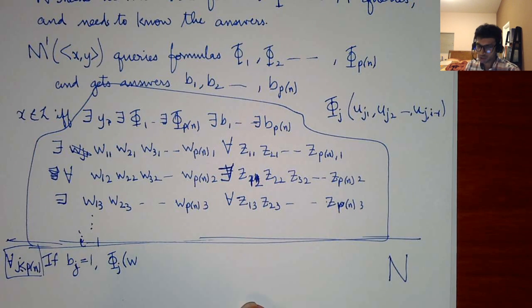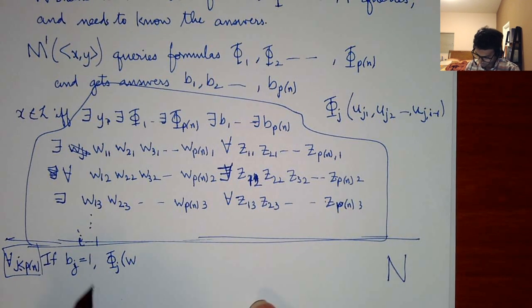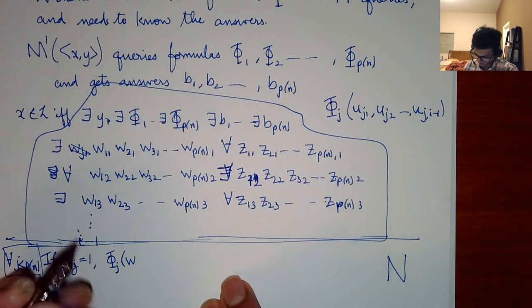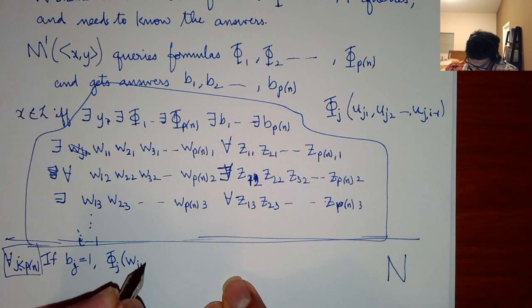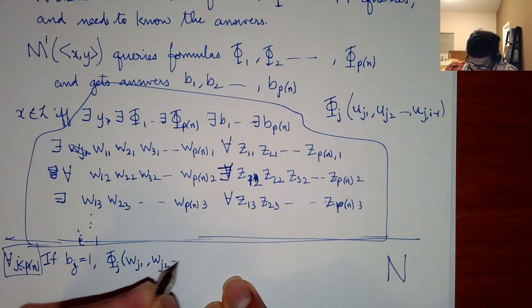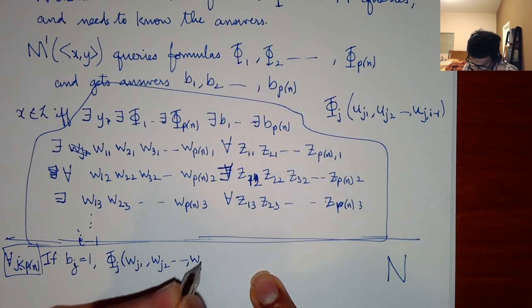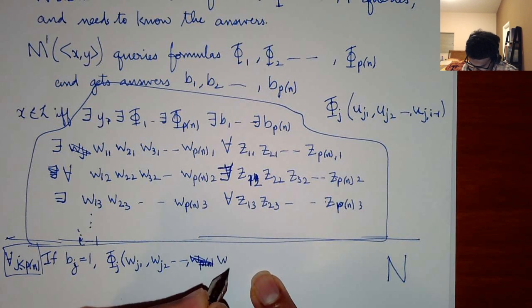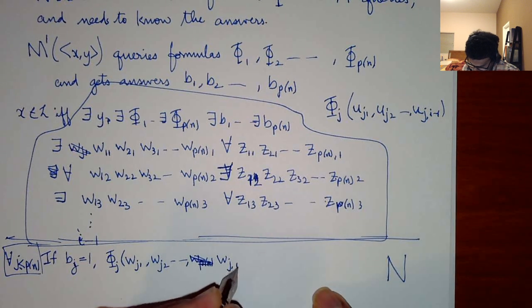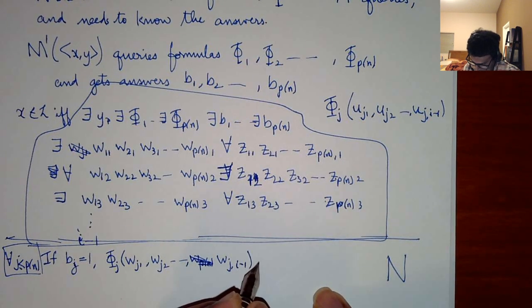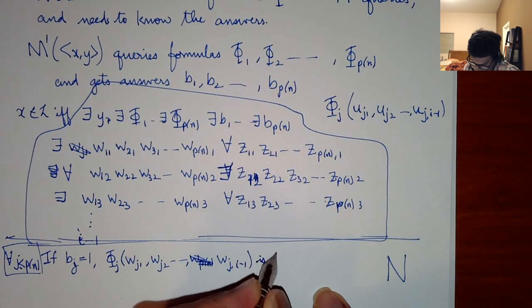I'm going to say for all j, if bj is equal to 1, then phi j, I have to now verify that this is actually going to do the correct thing: wj1, wj2 up to wj(i-1) is true.